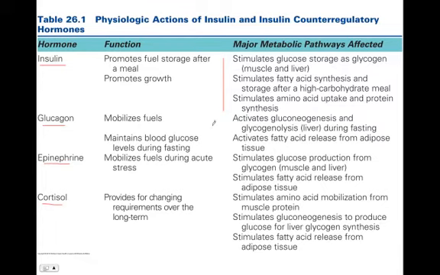So in order to do this, we're going to activate gluconeogenesis and glycogenolysis. It will also activate fatty acid release from the adipose as a means of supplying free fatty acids as a viable energy substrate for skeletal muscle and the liver.